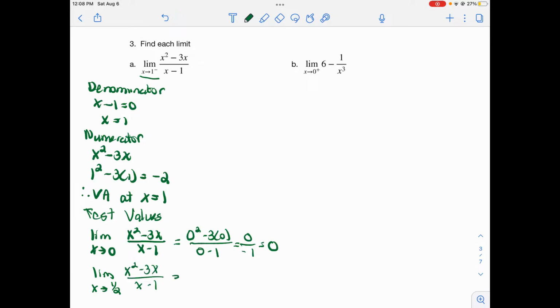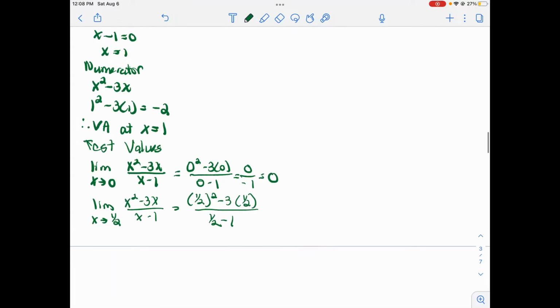Again, we start by trying direct substitution. That's 1/4 minus 3/2 over a negative 1/2. Let's get a common denominator: 1/4 minus 6/4, that's negative 5/4 divided by negative 1/2.